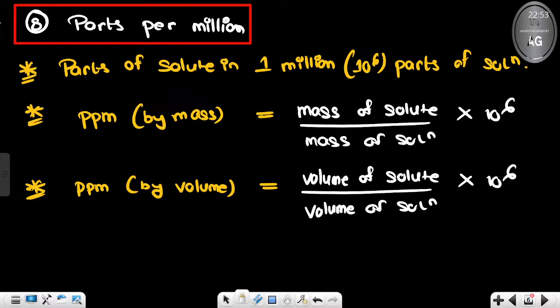If any one of these three conditions is satisfied, then we will call that amount of mass the equivalent mass of that substance. Very, very important, this definition you have done in class 11.